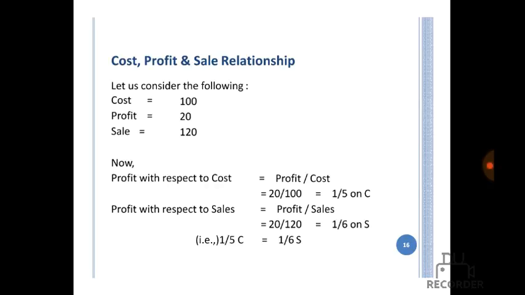Now profit with respect to cost is 20 by 100, which is 1 by 5 on cost. Profit with respect to sales is 20 by 120, which is 1 by 6 on sales. That is, 1 by 5 on cost is equal to 1 by 6 on sales.